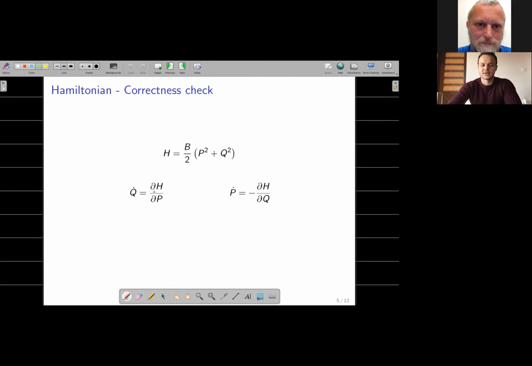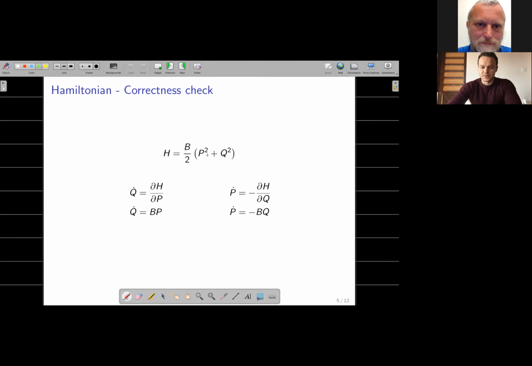We have that the time derivative of Q will be the derivative of the Hamiltonian with respect to the generalized momentum P. And we have the conjugate equation, so to say, where the time derivative of the generalized momentum is equal to minus the derivative of the Hamiltonian with respect to the generalized coordinate.